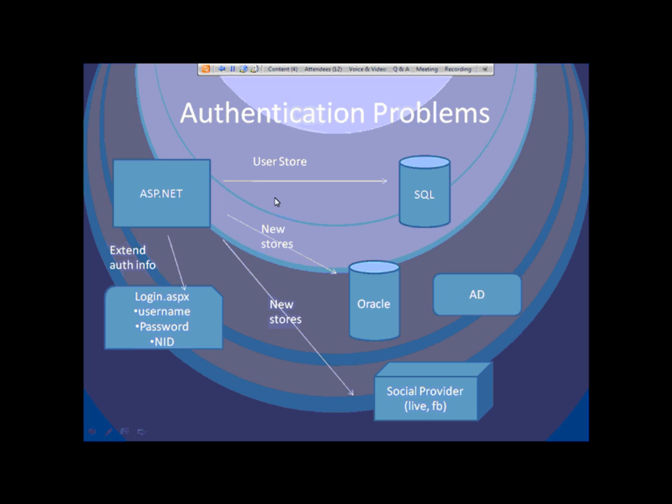What is the common thing that you have to do when you face such situations, whether it's adding new stores or extending authentication info? The common problem that you face is the amount of changes you have to do inside your ASP.NET application, right? So if you're following the traditional authentication approach, there's no escape.